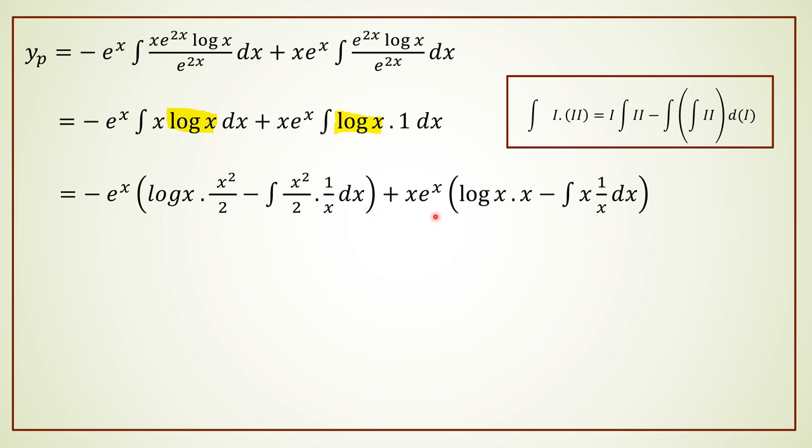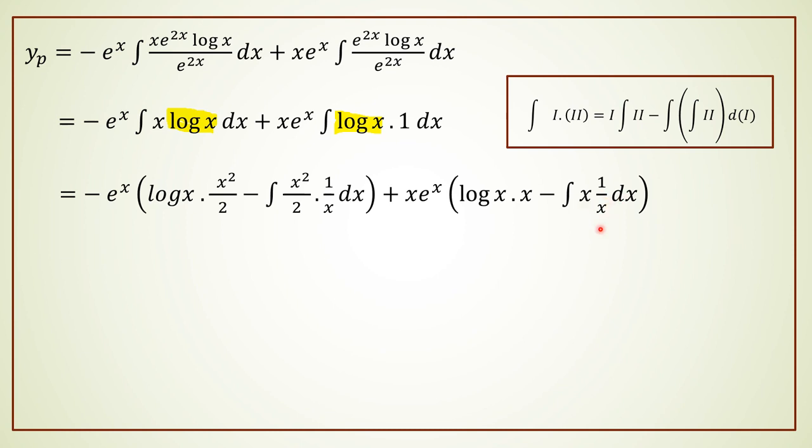Plus x into e to the power x as it is, and over here you have first function, that is log x, into integration of second function. Second function over here is 1. So integration of second function over here is x, minus integration of second function, that is x, into differentiation of first function, that is derivative of log x, which is equal to 1 by x.